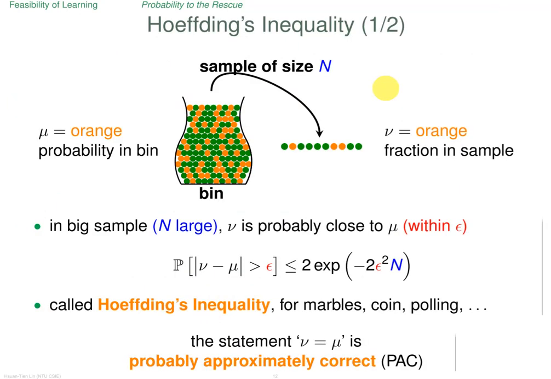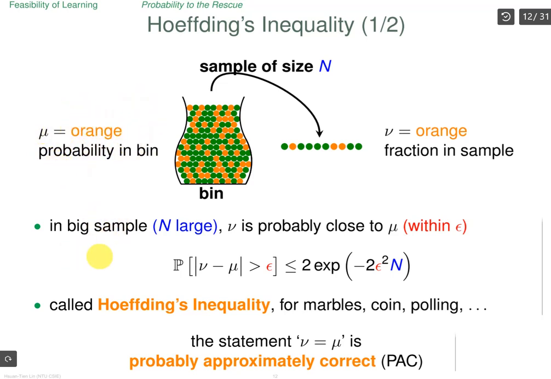In order to answer that question, we can do several experiments. We sample a marble from the bin many times, and then we can estimate nu, the probability of an orange marble in the sample. And our unknown remains the main goal to identify. So mu is the orange probability in the bin.